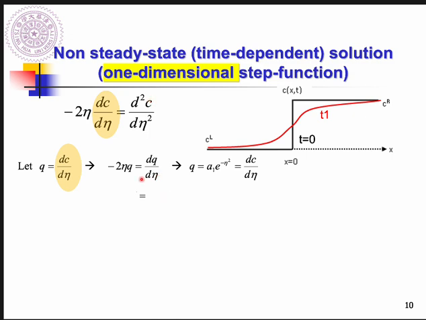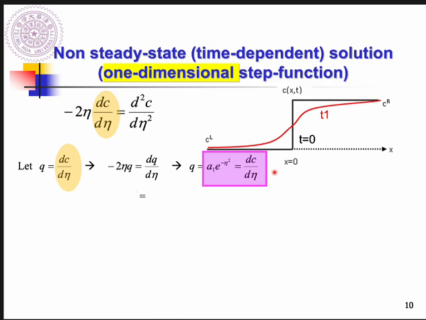This equation lets us solve for Q: A1 times exponential of negative iota squared. This is a typical solution for this type of differential equation. If you don't know how, you can move d iota to the right-hand side, Q to the left-hand side, then take the integral for both sides, and you get this result.